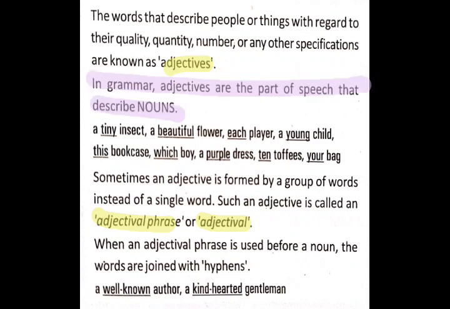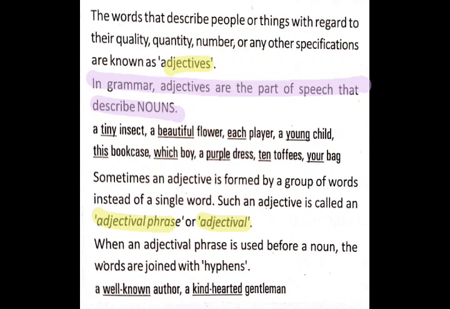In grammar, adjectives are the part of speech that describe noun. As told earlier, adjectives are the words that are used to describe nouns. But sometimes an adjective is formed by a group of words instead of a single word. Such adjectives are called adjectival phrase or adjectival. Means if we use more than one word to describe a noun, it would be known as an adjectival.